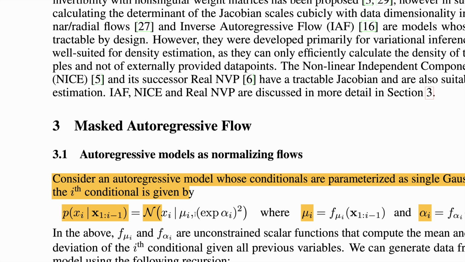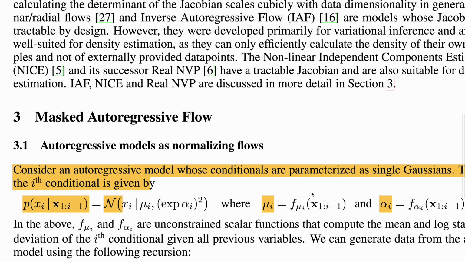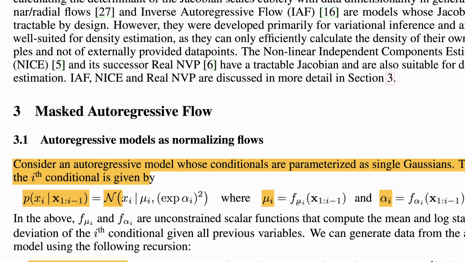Here they model the log variance, so that alpha is the log standard deviation. Basically they model that with neural networks. So for the mean, you take all the previously generated values, you feed them to your neural network, and it outputs the mean and the log standard deviation. And what is great here is that f of u and f of alpha, which are neural networks, are unconstrained.